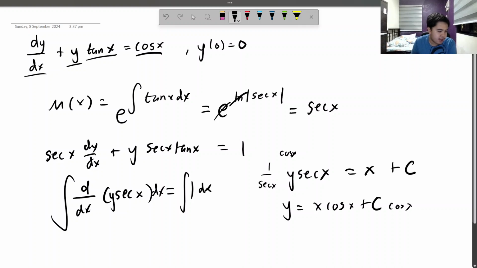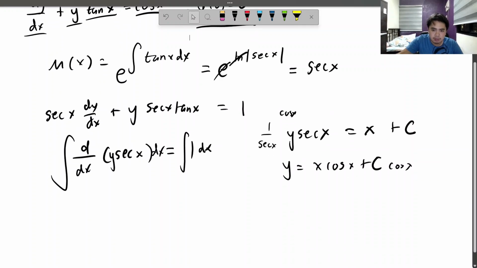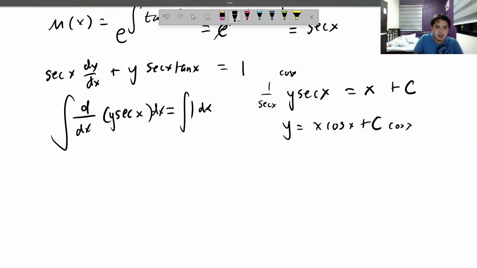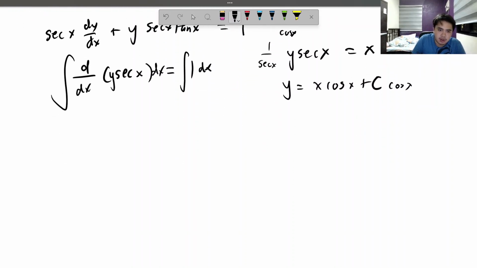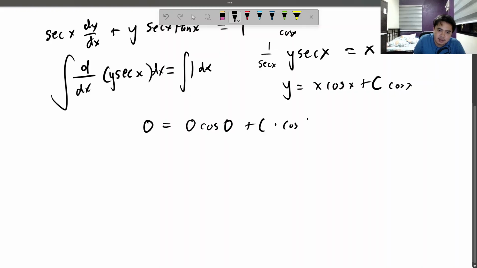Okay. Now we are given the initial value y of 0 equals 0. So this is going to be a specific equation. So 0, 0, that's easy to remember. It's just the origin. So we put 0 in everything. 0 times cosine of 0 plus c times cosine of 0.